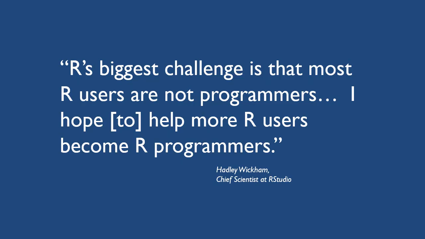This is really why it has become so popular. The combination of it being open source and free, a decision, as we saw, made in 1995, and the fact that anyone who is an R user can gradually migrate to being an R programmer. And I would suggest you can start out being a novice programmer using the built-in functions more, and then gradually migrate to creating more of your own functions.